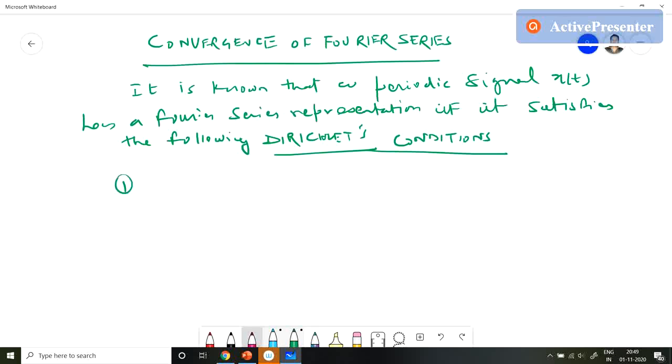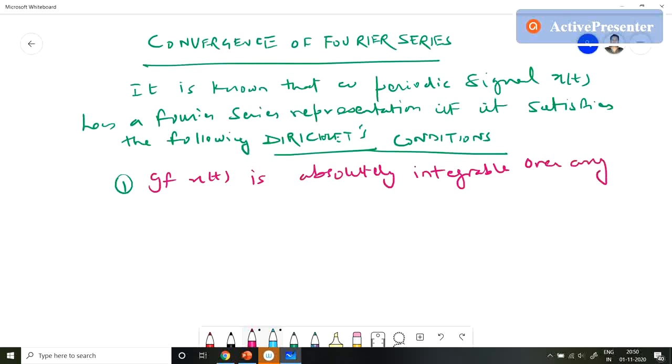The first condition is that x(t) is absolutely integrable over any period, that is, the integral of the modulus of x(t) over any period T naught is less than infinity, where T naught is any particular time period.